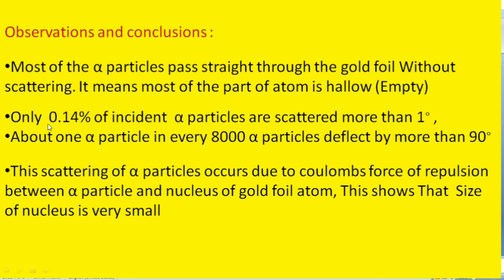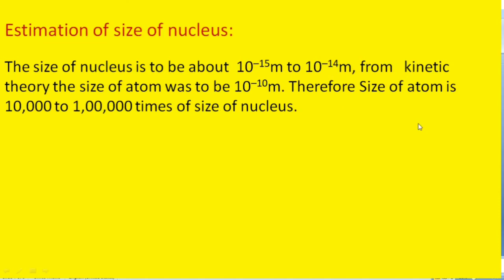Next, they observed that only 0.14% of incident alpha particles are scattered by more than 1 degree. That means nearly one out of 1000 alpha particles is scattered with an angle more than 1 degree.